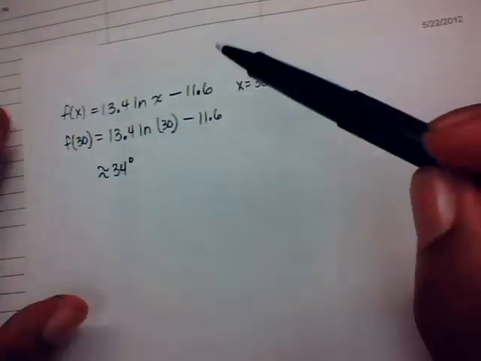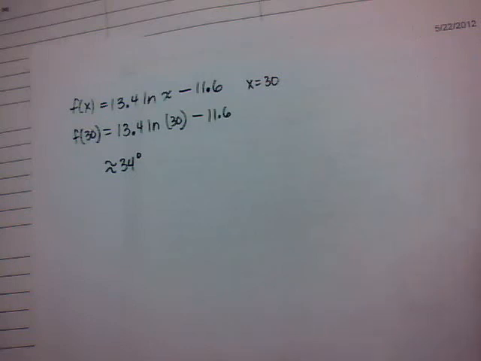Okay, so this is how we use the ln function to evaluate the natural logarithms of anything. And keep in mind that the value of x can't be 0 and x can't be negative. So that will conclude this section on logarithmic functions.